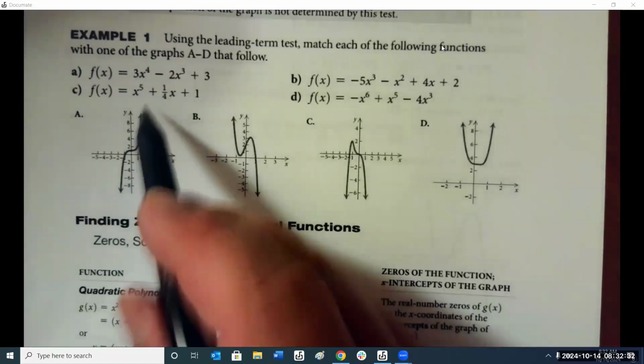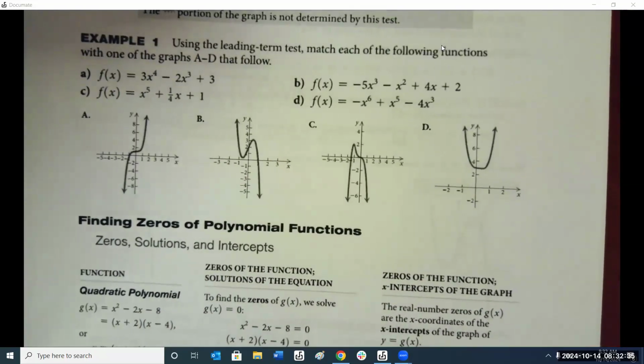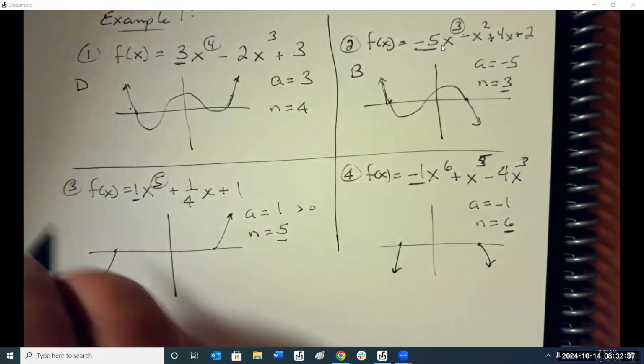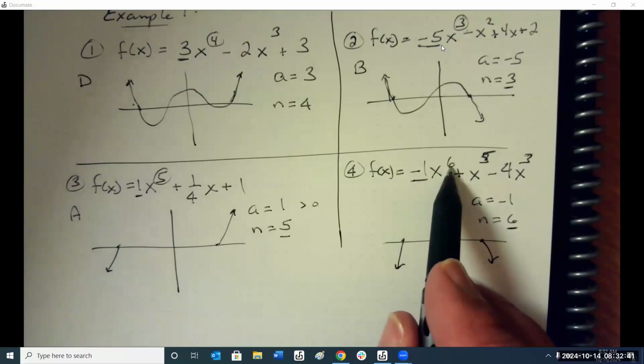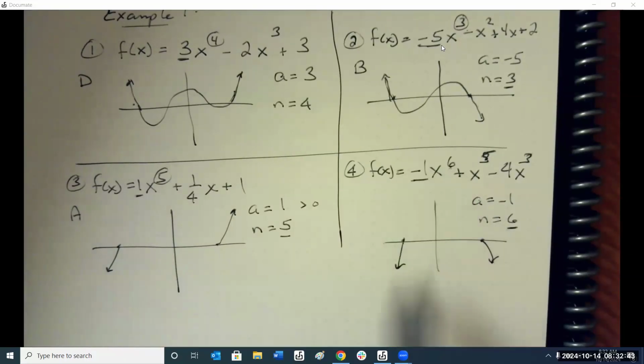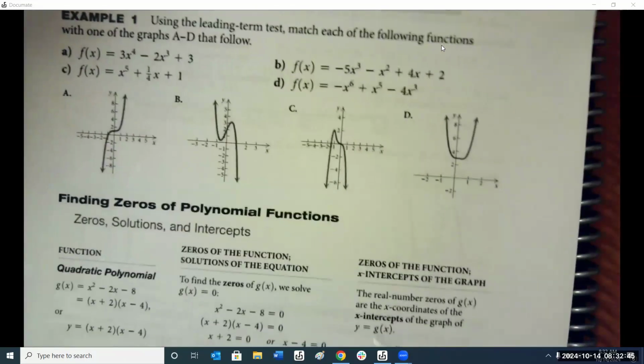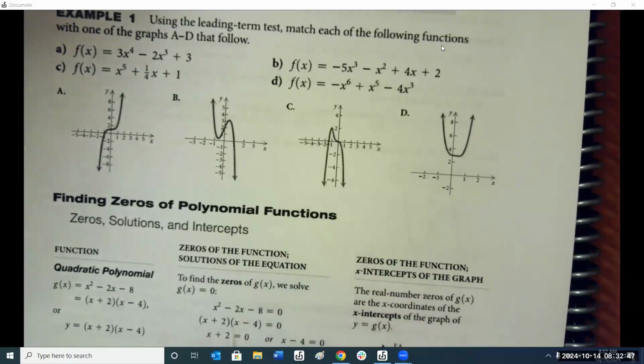Down left, up right. It's got to be A. And the last one, they both point the same direction. They both point down. And the only one that does that is C.